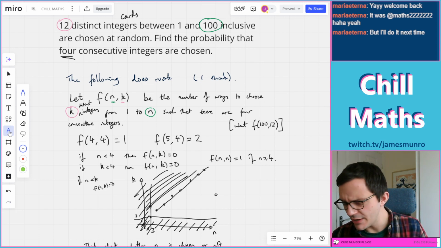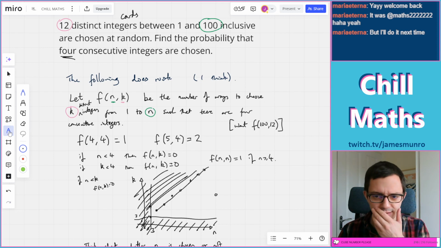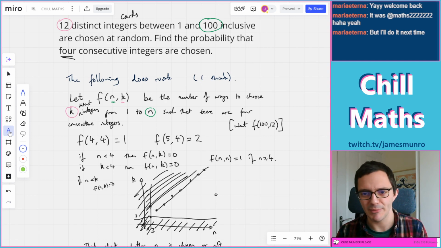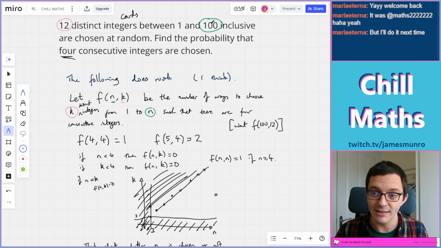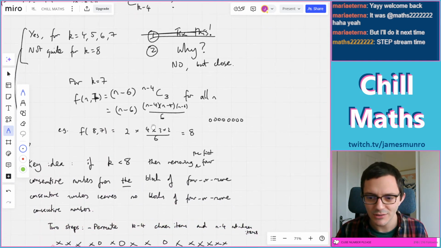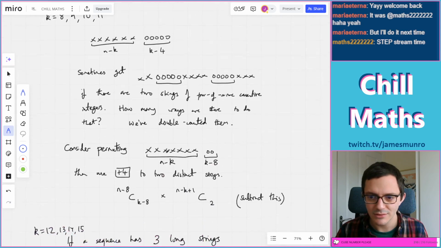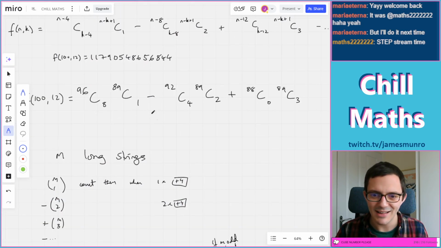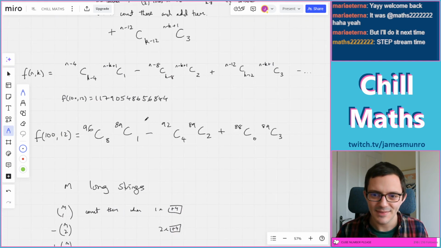Trying to think about what to do next. We've kind of succeeded at this problem, I think. We can do this now for any value of 100, any value of 12, and I think any value of 4. Because there's a 4 here and here.